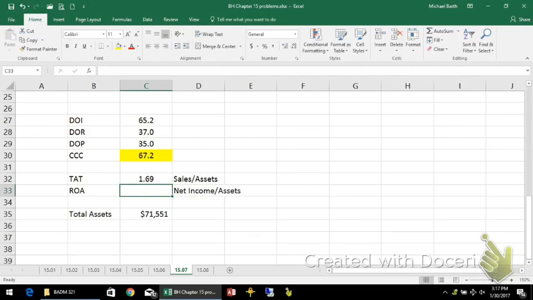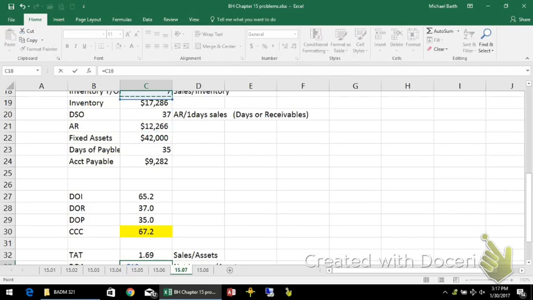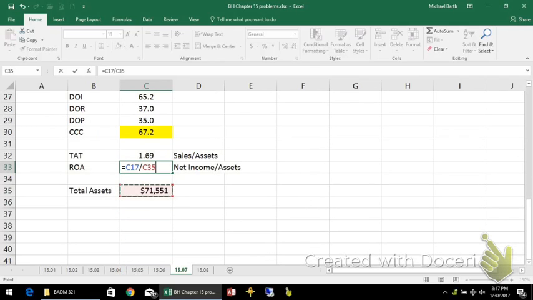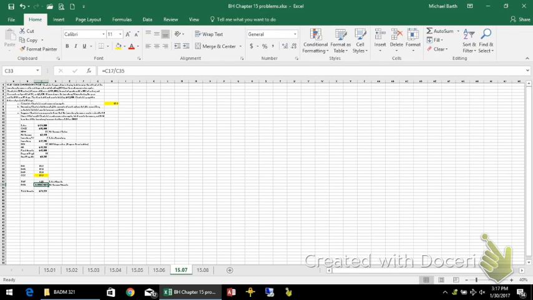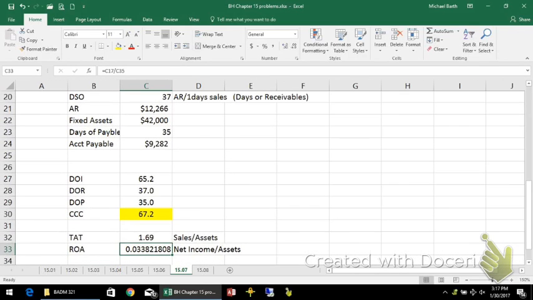And the ROA would be the net income, which was 2,420, divided by total assets. I hate this computer's touchpad, it's just really sensitive. About 3.38%. So that's for part B. Those would be those answers.